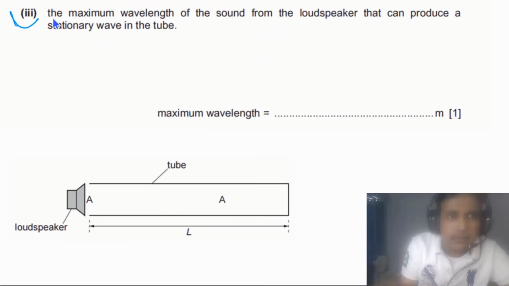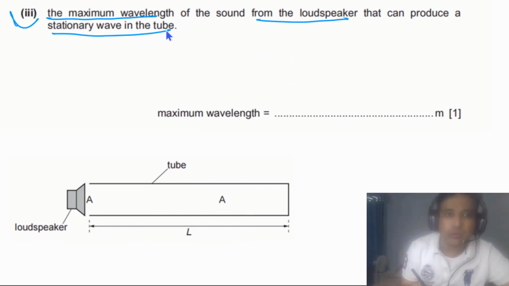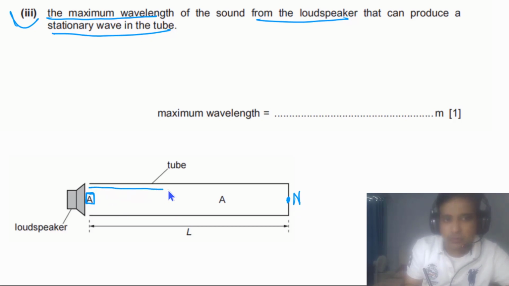The third part says the maximum wavelength of the sound from the loudspeaker that can produce a stationary wave in the tube. So we need to determine the maximum wavelength, and the maximum wavelength is possible when we have an antinode at the open end and only one node at the closed end. If we sketch the stationary wave, it should look like this.